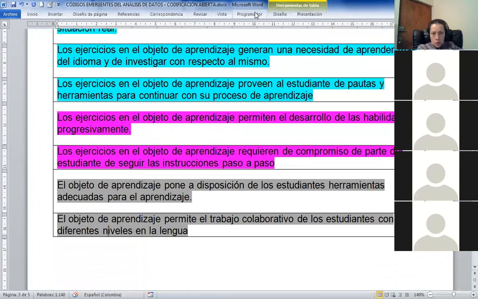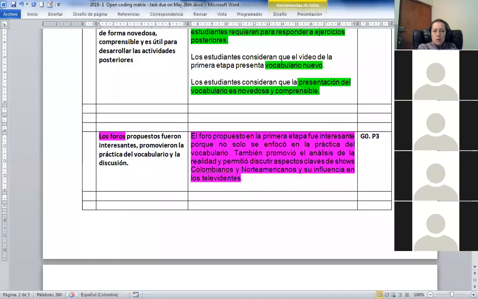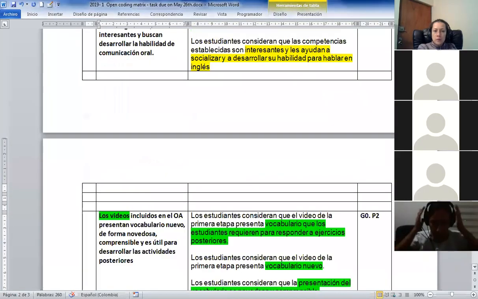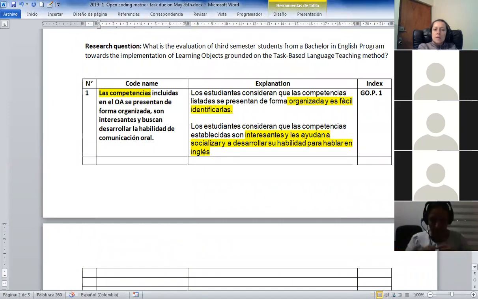So I'm gonna show you another matrix that will help you to group the ideas. In this matrix, we have the codes found in the interview of GO, page 1.